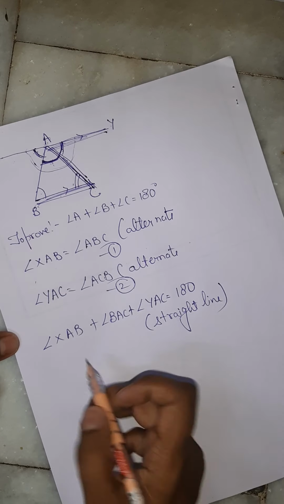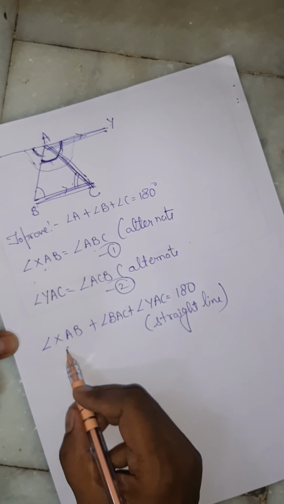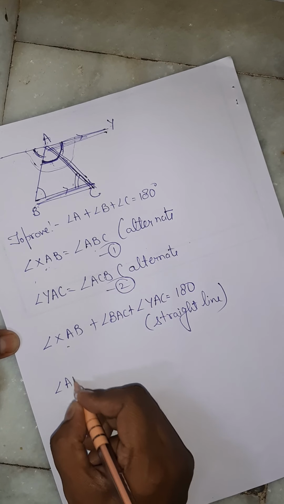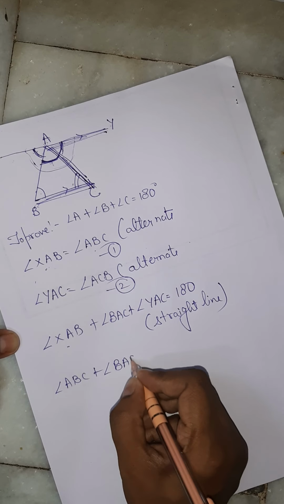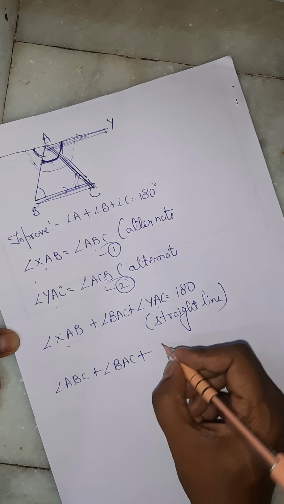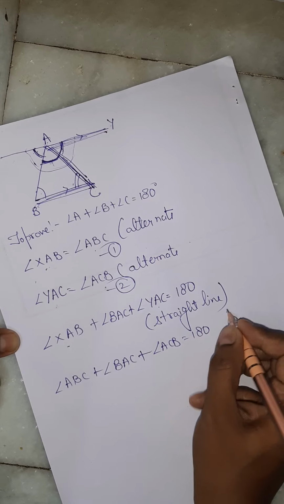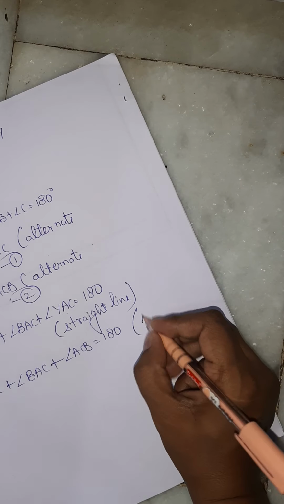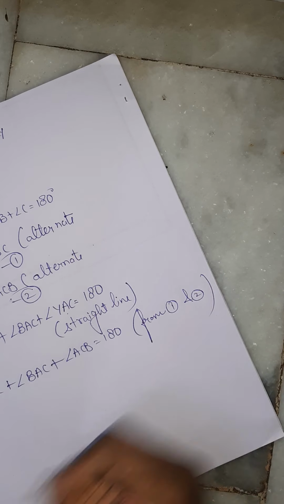Right? Now, just see angle XAB. XAB is equal to ABC. So, in place of XAB, I can write ABC. Plus BAC plus YAC. YAC is equal to ACB. So ABC plus BAC plus ACB is equal to 180. Why are we writing this? We have to give the reason for this also. We can give from 1 and 2.